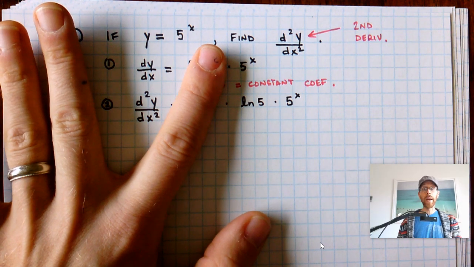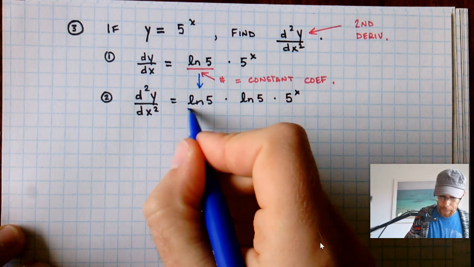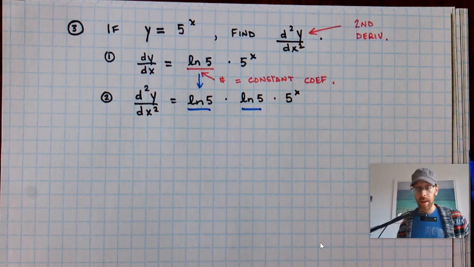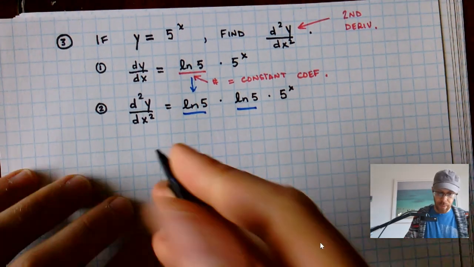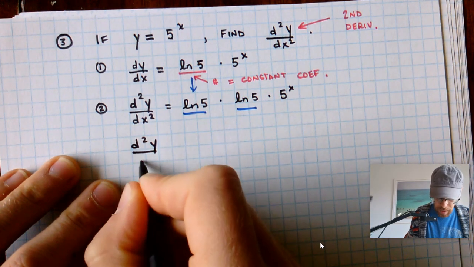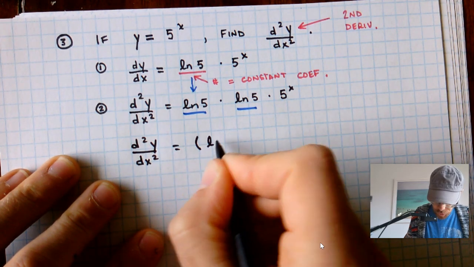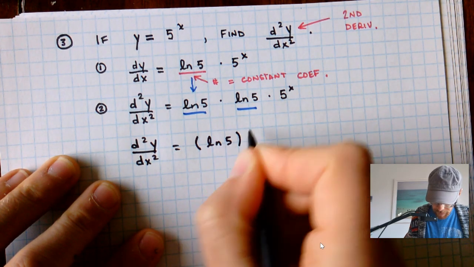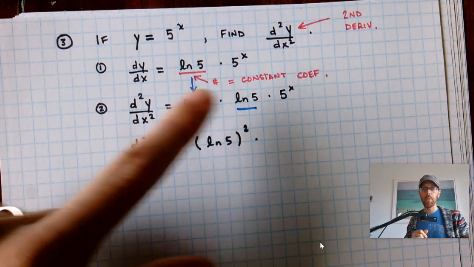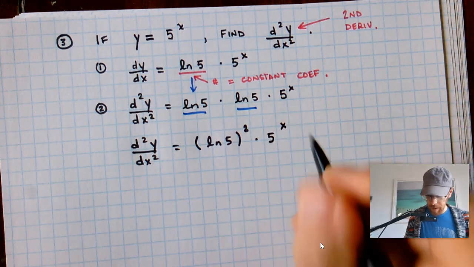When I roll my hand away, we see that we have not 1, but 2 natural logs of 5. And the appropriate way to write that expression would be like so. The natural log of 5 is squared because you're multiplying it twice, times 5 to the x power.